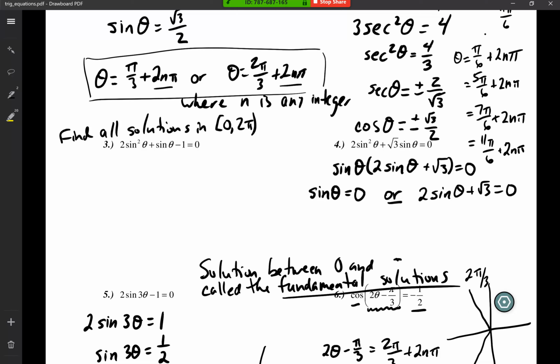Let me get the second equation, the sine of theta by itself first. If I subtract the square root of 3 and then divide by 2, we get sine of theta equals negative square root of 3 over 2.